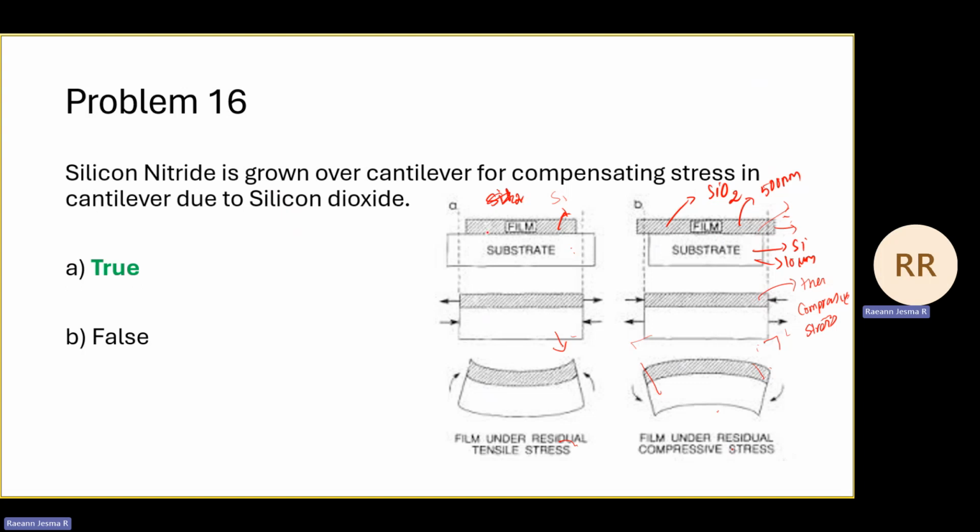Take a rubber band for example: if you stretch it and then leave it, it will shrink to its original state. So a film with tensile stress will try to contract once released. A cantilever with silicon nitride on top will bend like this.